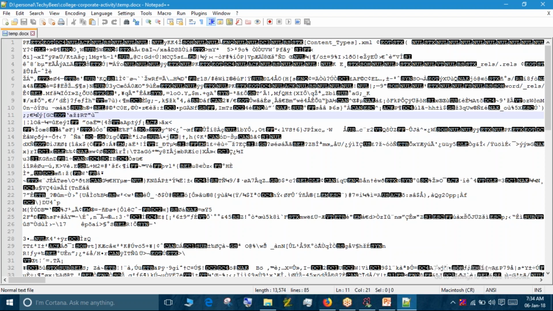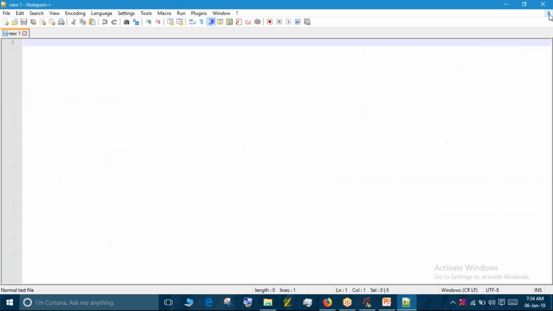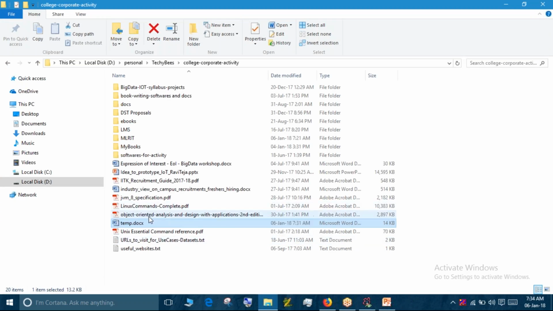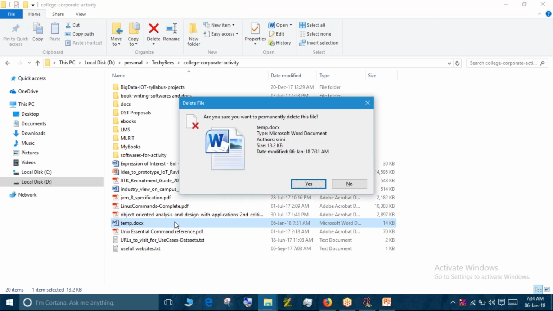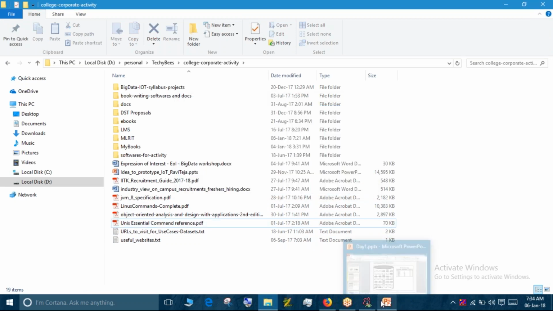That is why your metadata gets accumulated along with it. Of course, this is out of our context, but why I discuss this one, I want you to understand whenever I create a file on my file system, it occupies a minimum size. That minimum size is decided based on the block size.